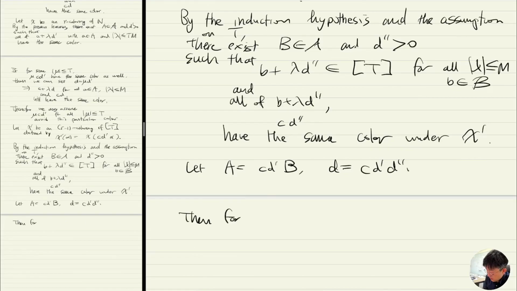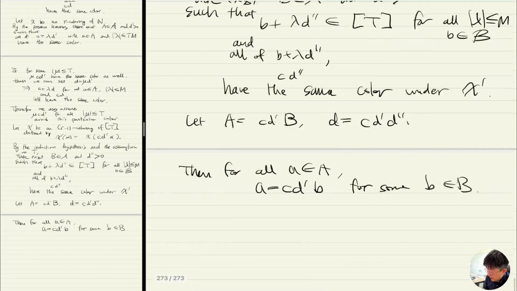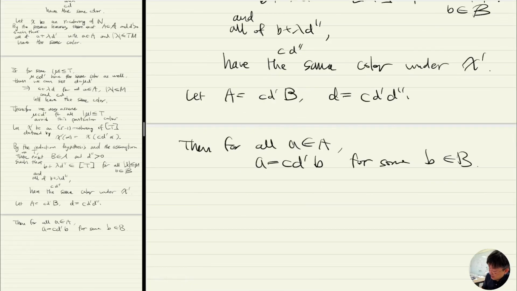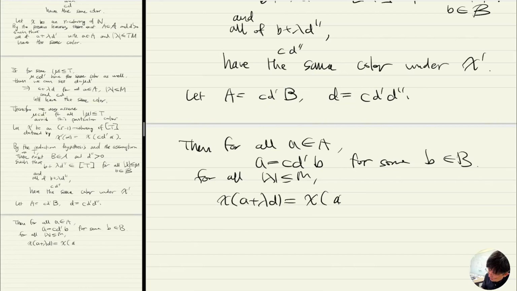Then every a in A is cD prime times B for some B in B. And then for all lambda at most m, the color of a plus lambda D is equal to the color of cD prime times B plus lambda D double prime.